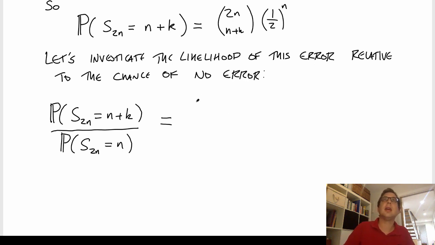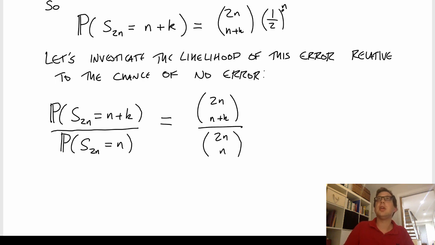Well, what I'm going to be looking at is 2n choose n plus k, divided by 2n choose n. And notice the half to the power of n's are all going to cancel out here. All right? So, well, what does that look like? Well, we've got 2n factorial divided by n plus k factorial and then n minus k factorial, that's what this is.